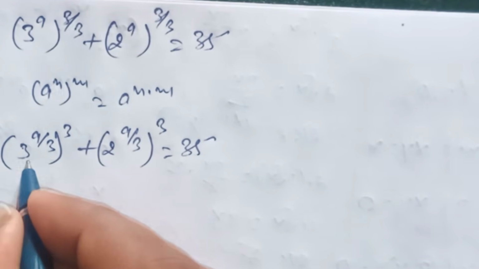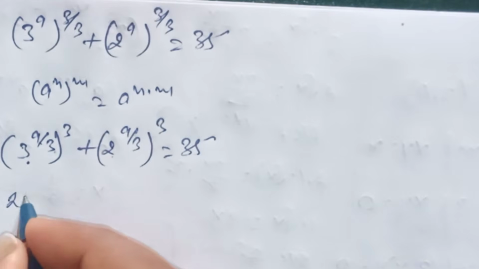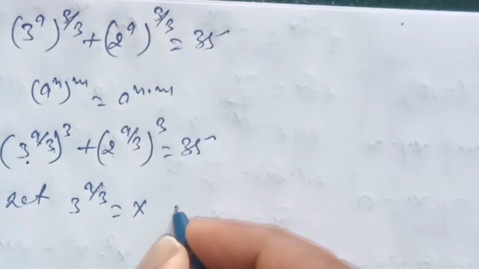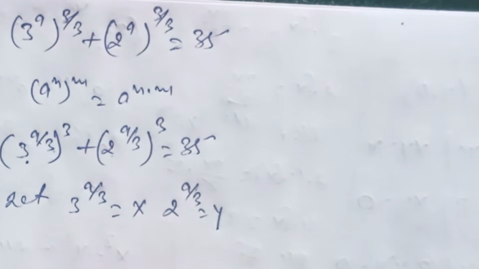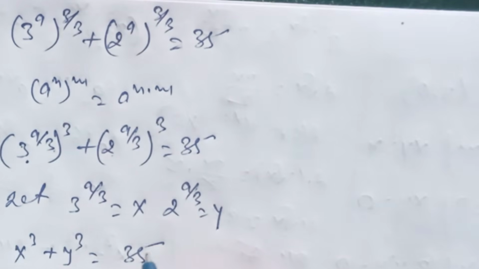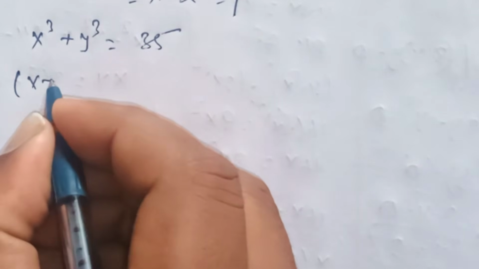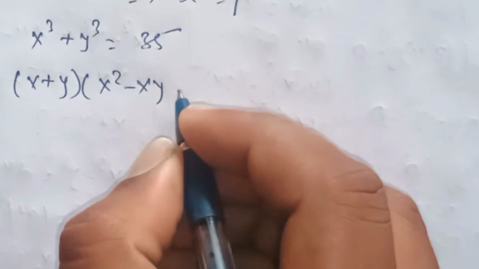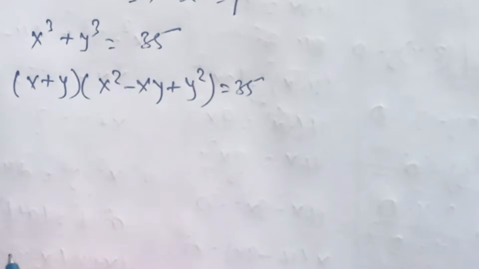After that, see here 3 power A divided by 3 and 2 power A divided by 3. Let us assume that 3 power A divided by 3 is equal to x, and 2 power A divided by 3 is equal to y. Therefore, x cube plus y cube is equal to 35. This is in the form of (x plus y) times (x square minus xy plus y square) is equal to 35.